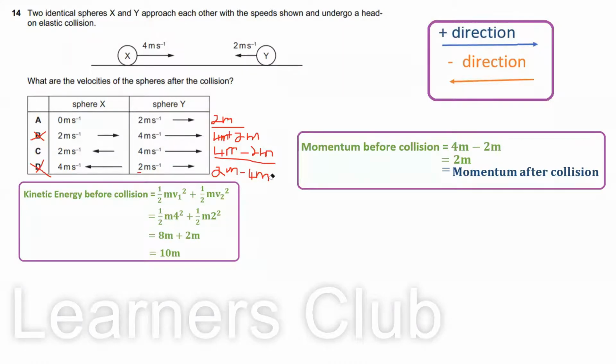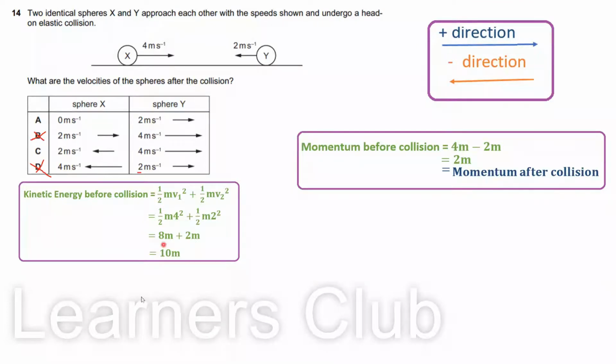So now we know the answer is either A or B. Now let's check for kinetic energy. The kinetic energy of sphere X after collision becomes 0, and for sphere Y, half m 2 square. So the kinetic energy after collision is 2m. So it is an inelastic collision.